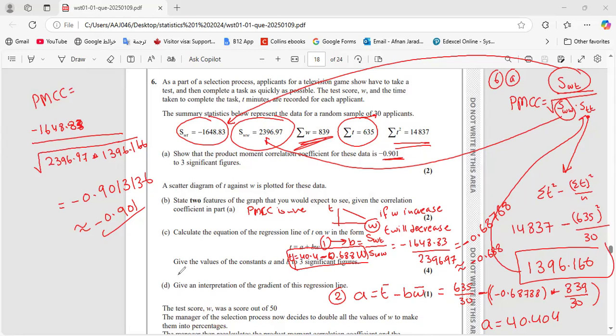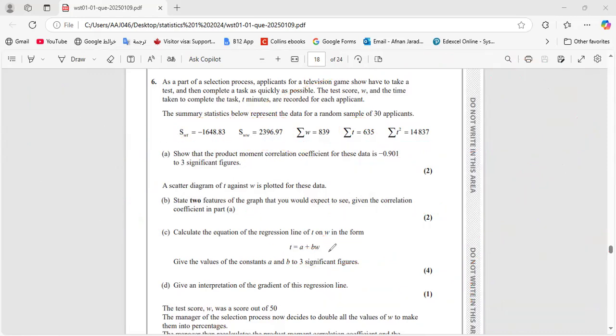Give an interpretation of the gradient of the regression line. The final form is T equals 40.4 minus 0.688, to three significant figures, multiplied by W. The question in D is to give an interpretation of the gradient.